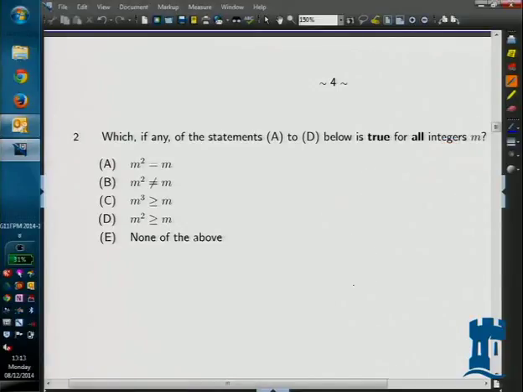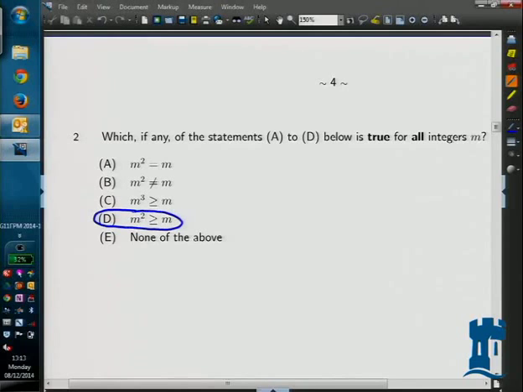Okay, so let's just run through these. It has to be true for all integers. Interestingly, it's different if you ask for all real numbers, when it would be none of the above. So if I said which of these is true for all real numbers, then it would have been none of the above. But because it's integers, D turns out to be true.